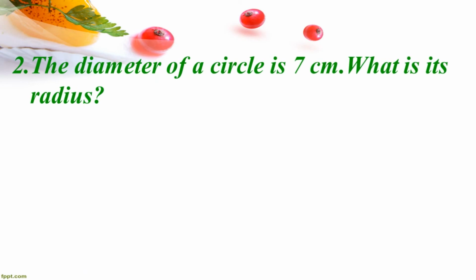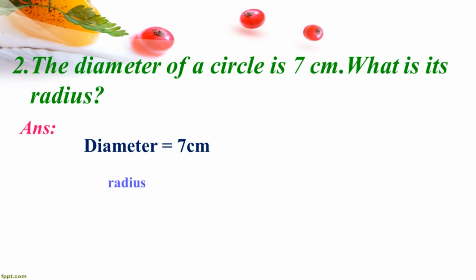So coming to second problem. The diameter of a circle is 7 cm. What is its radius? So we already know the diameter of a circle is twice its radius. So here the diameter equals 7 cm. That is, D equals 2R.